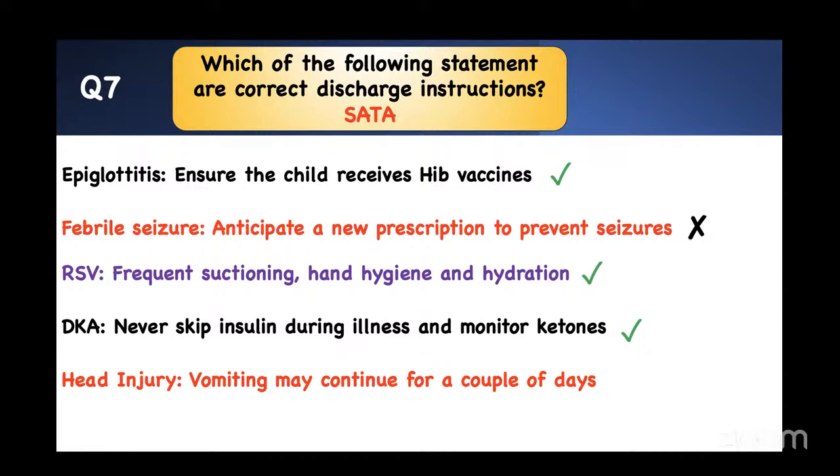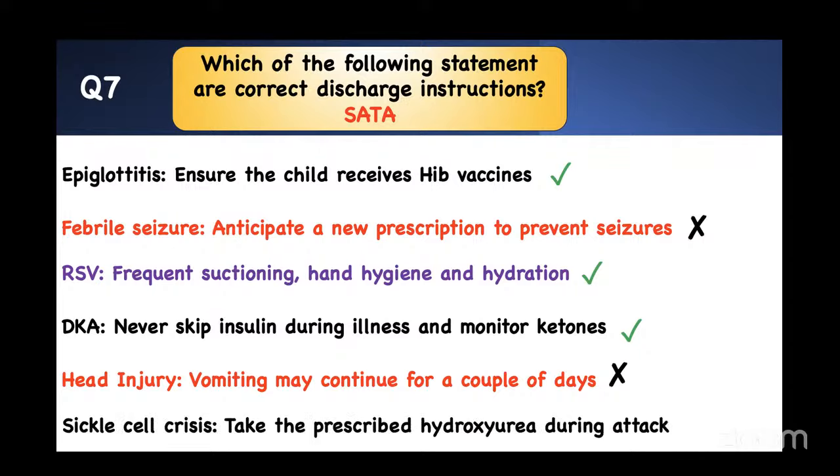That means something is going on in your brain. Therefore, bad teaching. And finally, sickle cell. Take the prescribed hydroxyurea during attack. This is content-based hematology. A patient who has sickle cell should not take hydroxyurea when they have an acute attack. Hydroxyurea is a maintenance medication. It's not for acute attack.